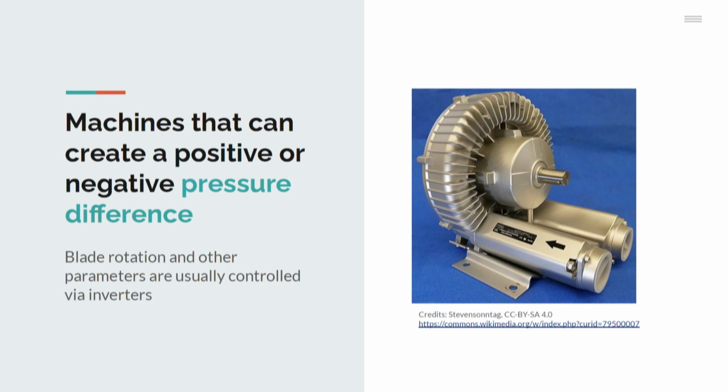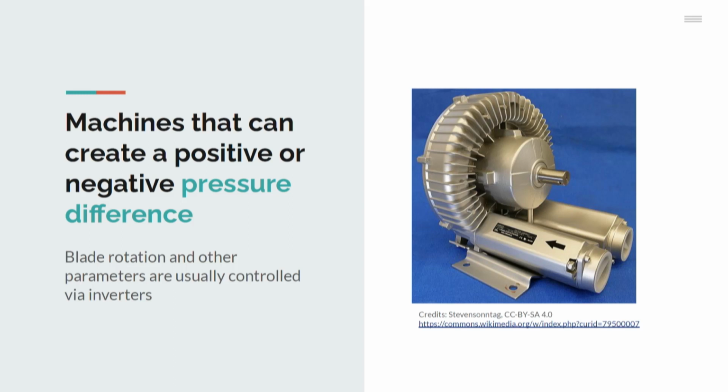So in this case, the pressure can be either positive or negative, and it is obtained in this particular machine by the rotation of a blade, okay? And then, of course, there are several ways to control these machines. Usually it is done via inverters, which are small motors, and you just control the rotation of this blade and the direction, and you can create this pressure difference.